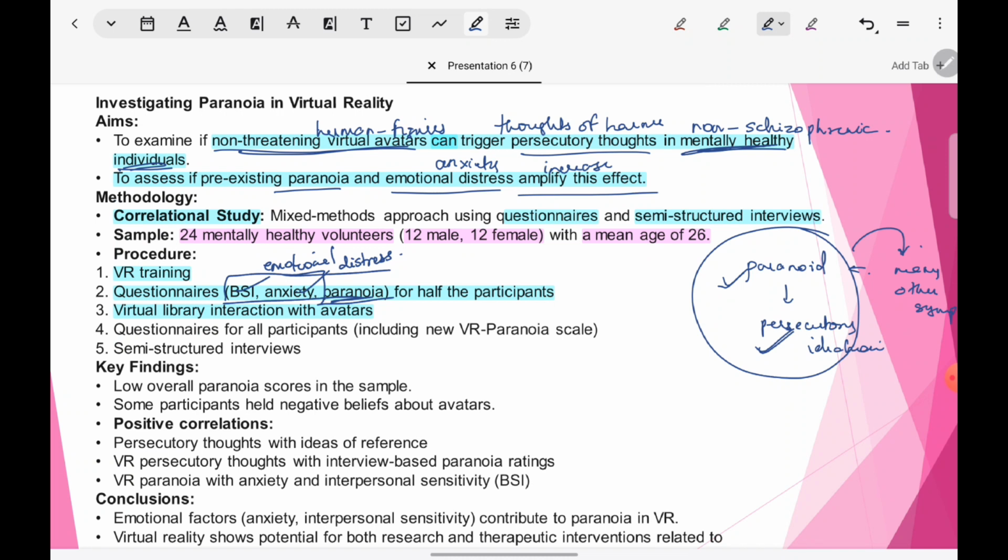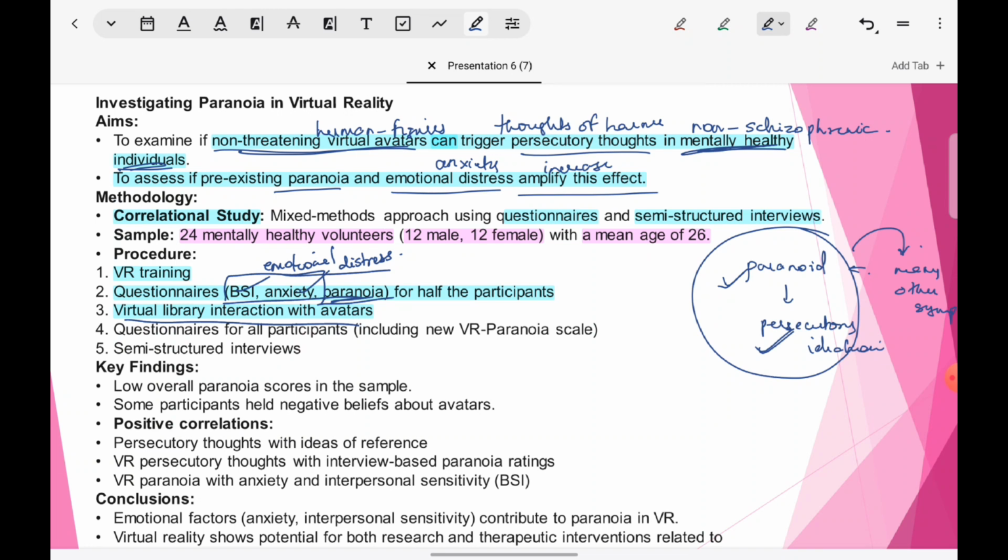Then they made the participants enter the VR setting. In this study, the VR setting was a library. So researchers had computer simulated a library. In that library, there were 2 tables, and on one table 3 avatars were sitting, and at another table 2 avatars were sitting.